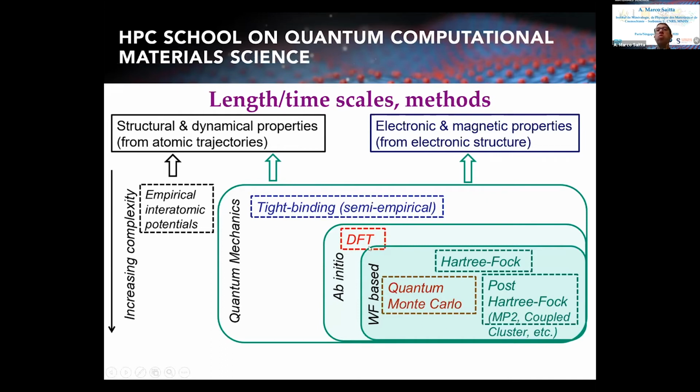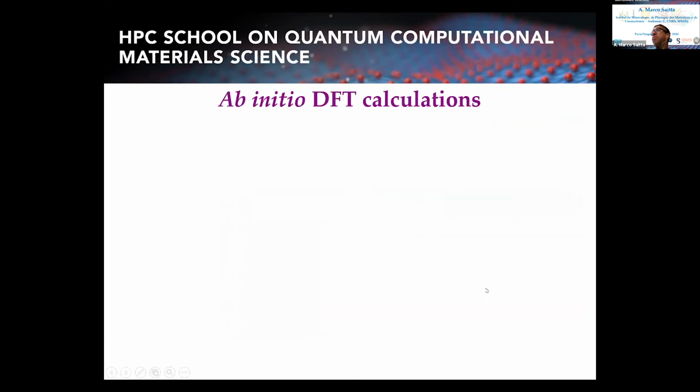But if you really need to have explicit electrons, you need to do ab initio methods, that is DFT, or even more advanced wave function based methods such as quantum Monte Carlo or post-Hartree-Fock quantum chemistry approaches. So I will skip. Yesterday we heard a lot about the more advanced, more accurate, but also more costly approaches.